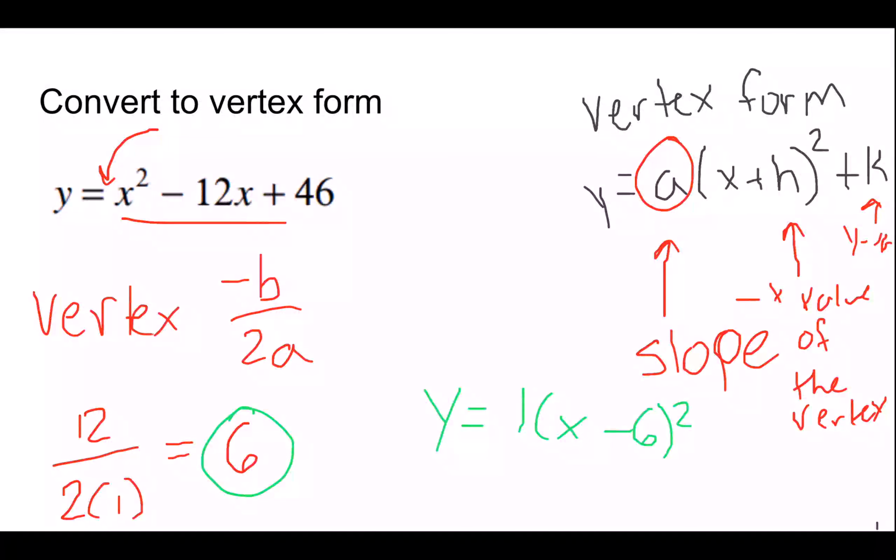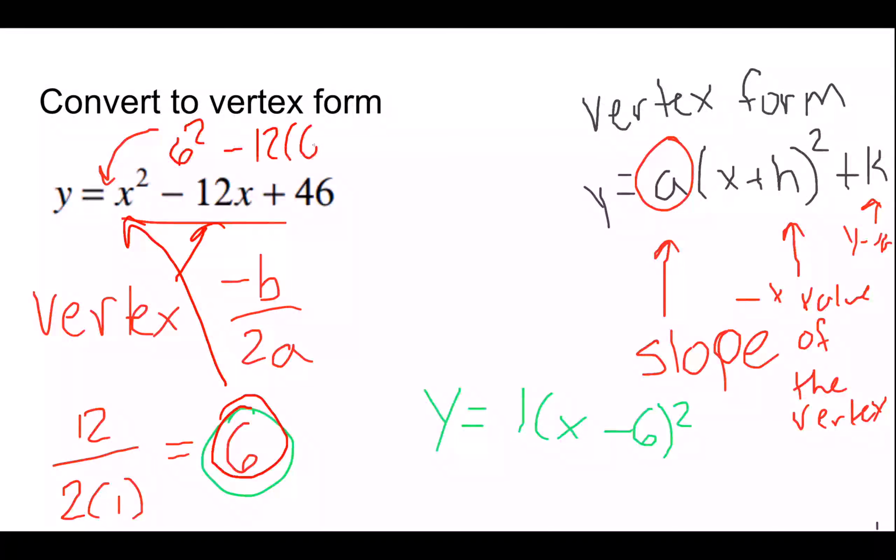And now we have to find k. We're going to find k by taking this number right here and plugging it back into these spots. So when I plug 6 into those spots right there, I would get 6 squared minus 12 times 6 plus 48.